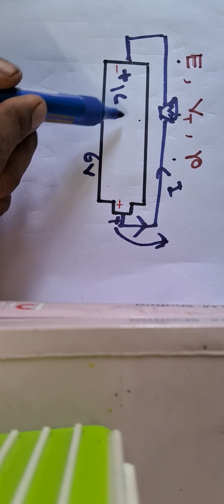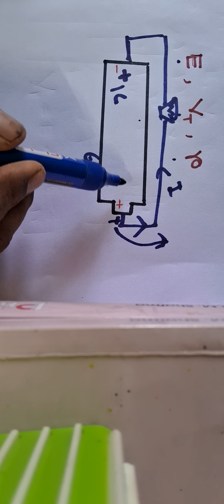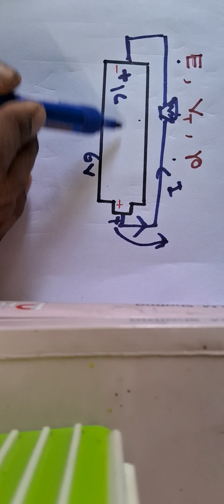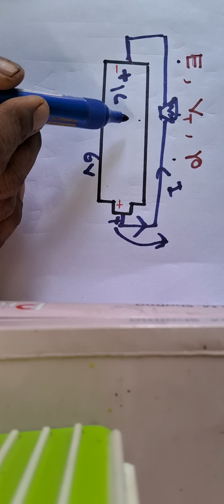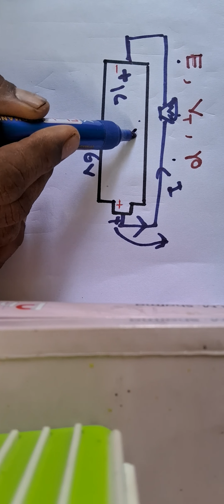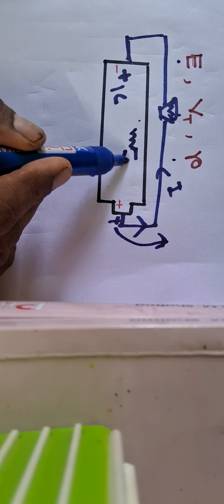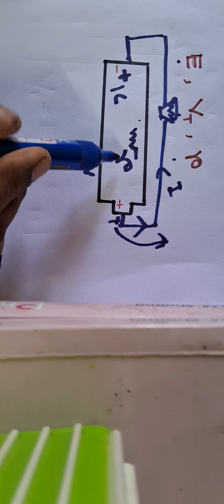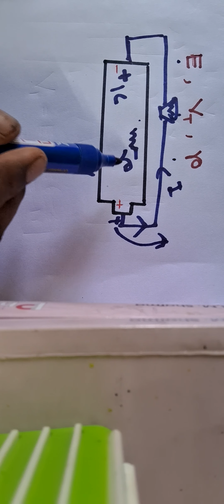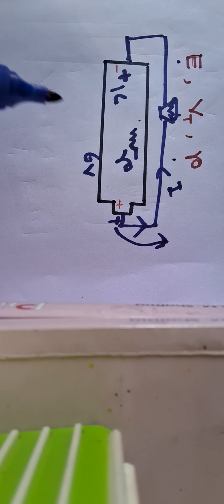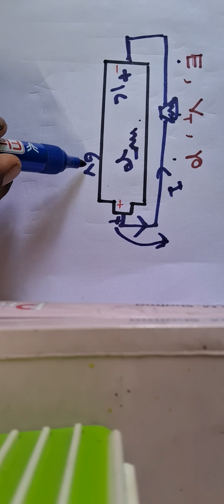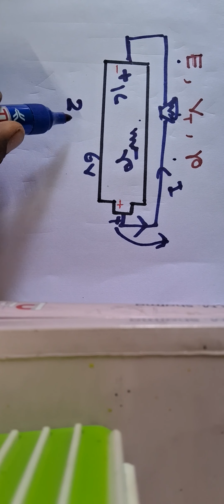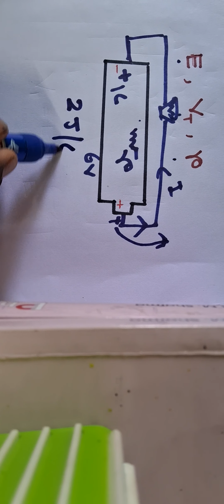Now you may think that this 1 coulomb charge gains 6 joule of energy, but it does not happen actually. Because in a battery there are chemicals, there is some medium, and that opposes the flow of charge. That's why there is some internal resistance, which we represent by r. Due to this, some amount of energy is lost. For our convenience, say 2 joule energy per coulomb is lost.